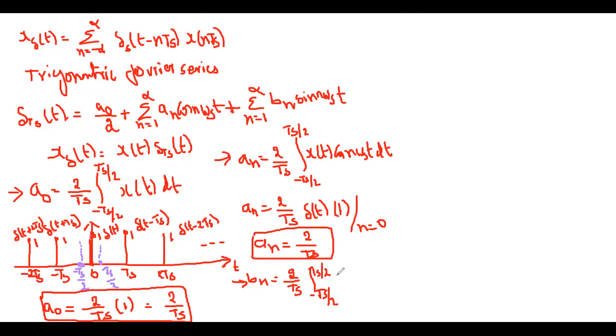Integral of x of t into sine n omega s t dt. Now, here also we are applying the integral between minus ts by 2 and ts by 2, having only the value at t is equal to 0.